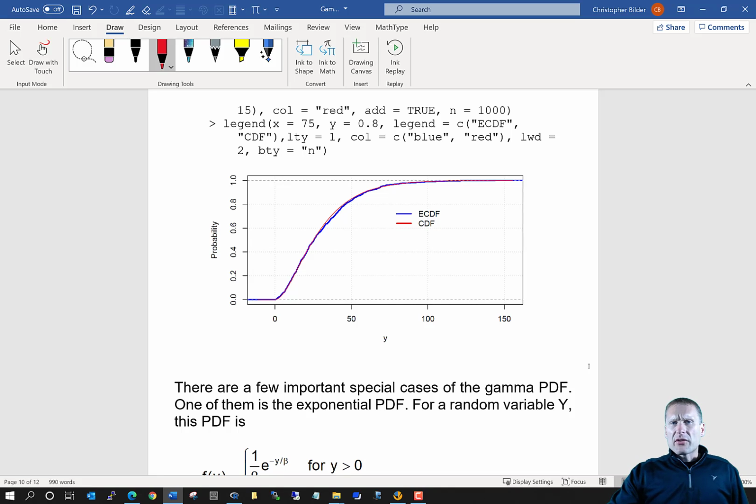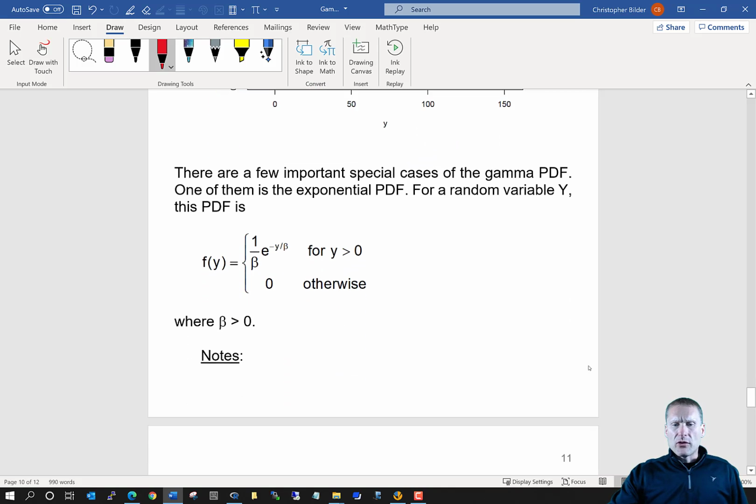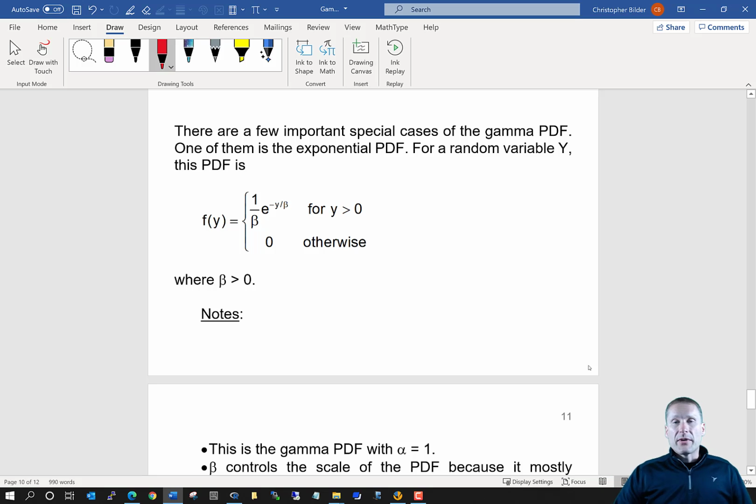Now, there are a number of special cases of the gamma distribution that pop up in actual application. We'll talk about one of them later in the semester, but we've already actually talked about another one of these special cases, and that is what's called an exponential PDF.